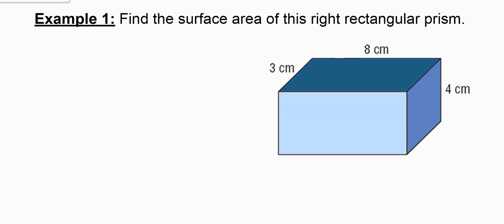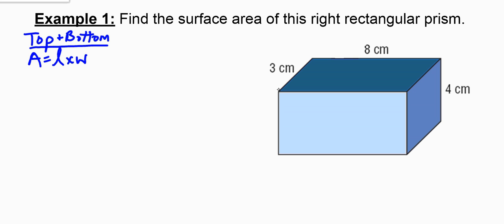So I'm going to start by organizing myself. I find the biggest issue for students when we are doing surface area is organization. So labeling something top and bottom is really important because it really helps you organize what's going on. So for my top and bottom, I'm going to use the formula, area equals length times width.